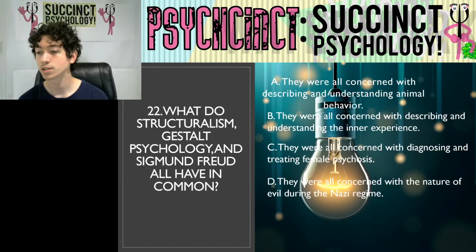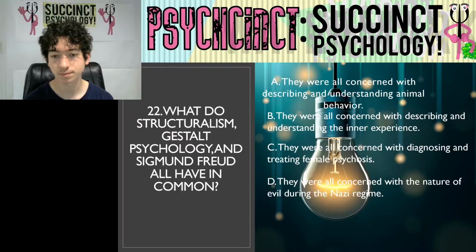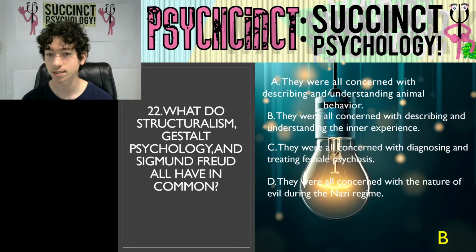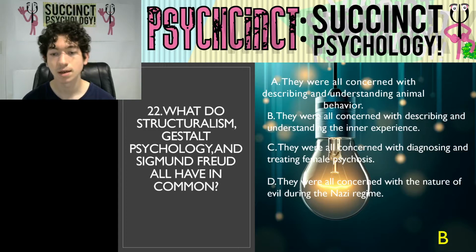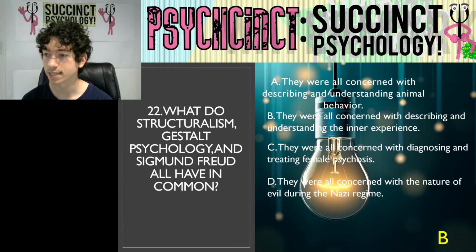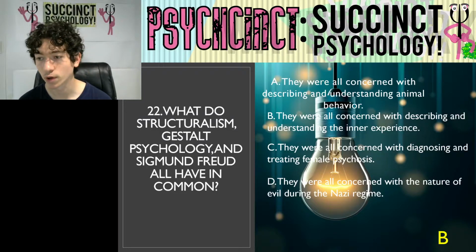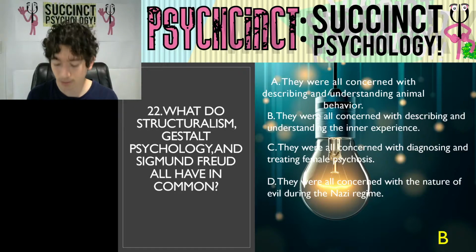Or were they all concerned with the nature of evil during the Nazi regime? If you chose option B, you were correct. Remembering that structuralism has to do with the inner mind, the individual parts of the mind, Gestalt psychology examines the inner experience of the individual as a whole, and Sigmund Freud has to do with the subconscious, but also with examining the inner depths of the mind.